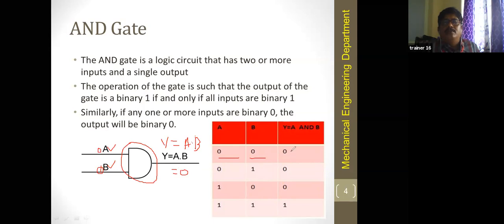The output is 0. If you take the output, for example, 1 minute.